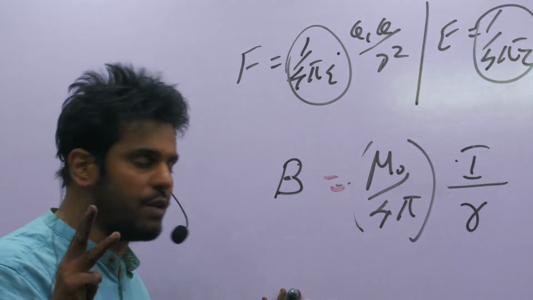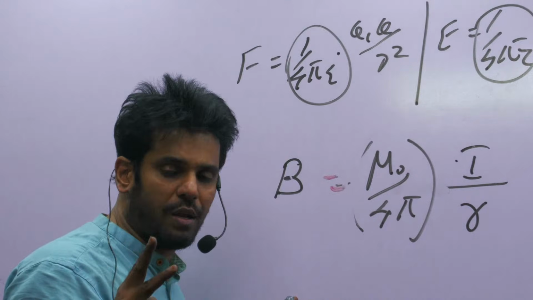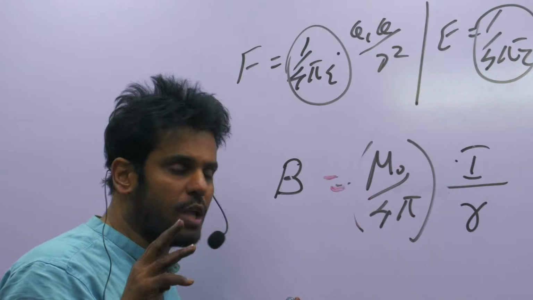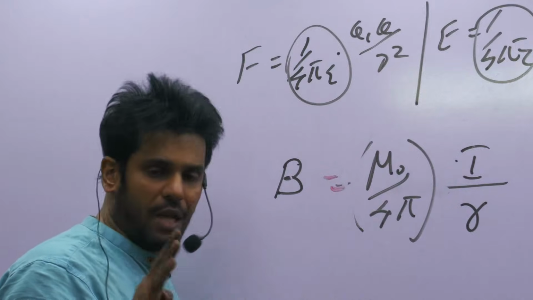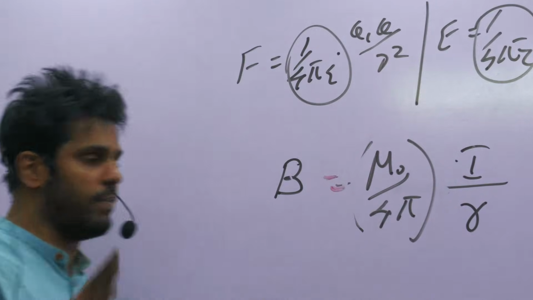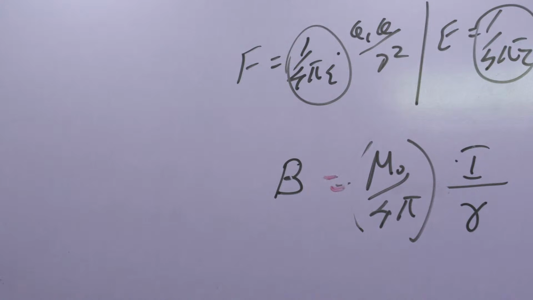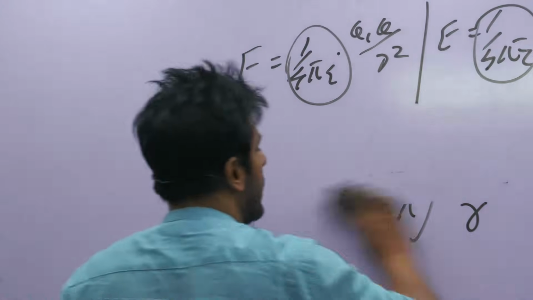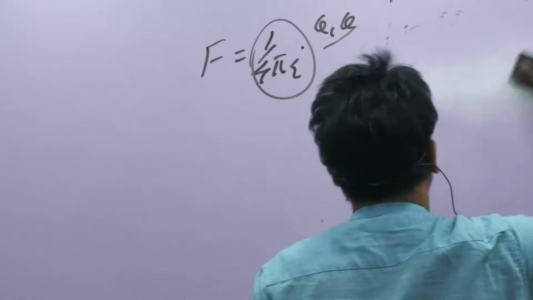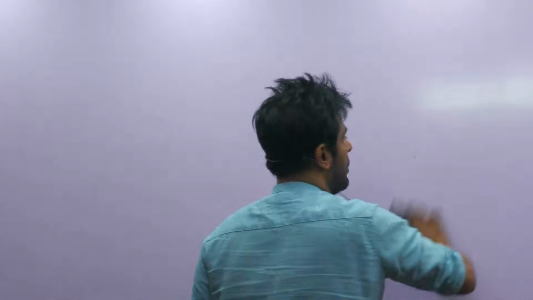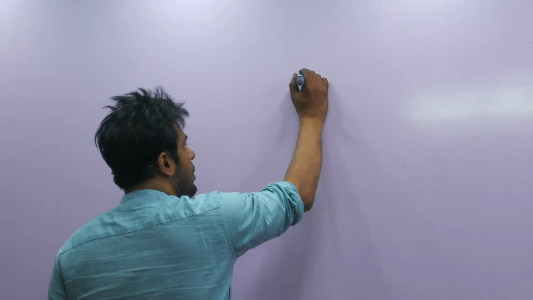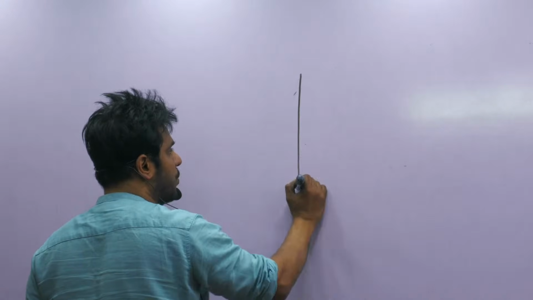Now three equations are in the magnetic field that are much more important in the A level. For an example, here I will explain how we take those equations first. The first one is magnetic field due to the current.